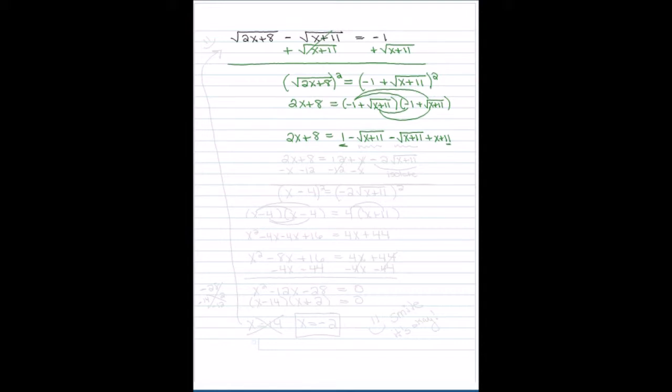Now at this point, I'm going to combine as many like terms as I can on the right hand side. So the 1 plus 11 comes together. That makes 12. And then I have the x. That doesn't combine with anything, so it sits alone. And then I have negative radical and then negative radical.